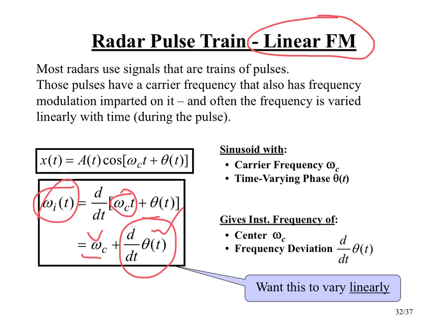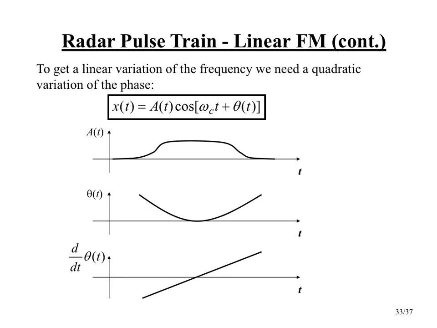One of the modulations often put on a pulse in a radar pulse train is called linear FM. What we want is for this whole thing to be a line that goes through the center point of omega sub c. I'm just showing some arbitrary pulse shape here. Radars aren't necessarily perfect rectangular pulse shapes, so it might have some ramp up and ramp down.